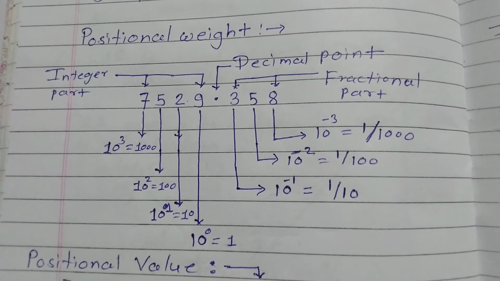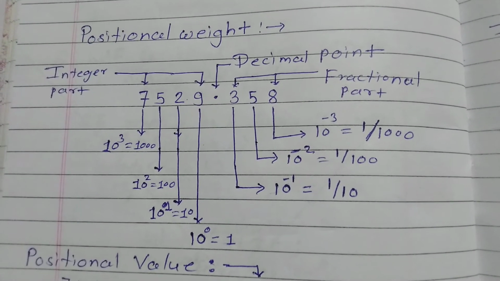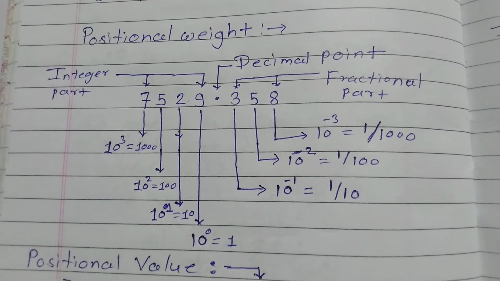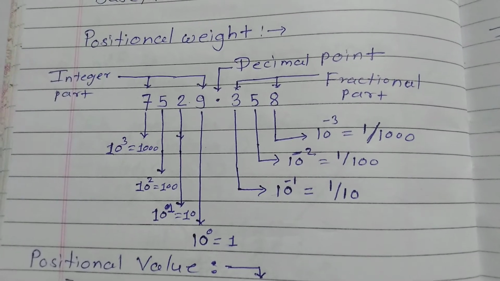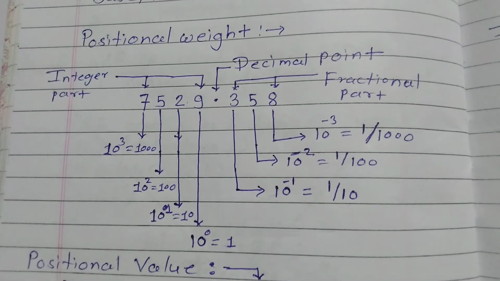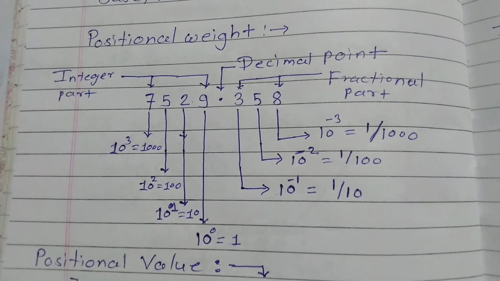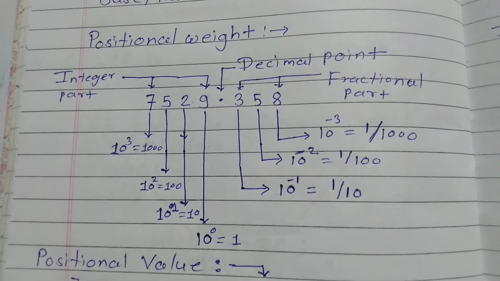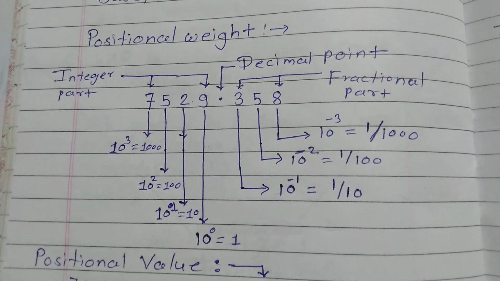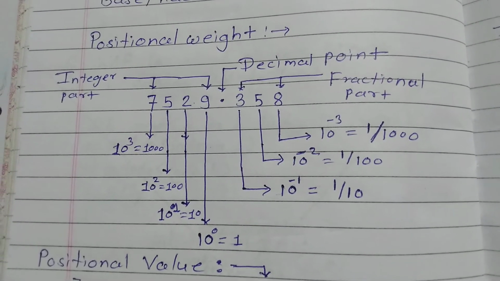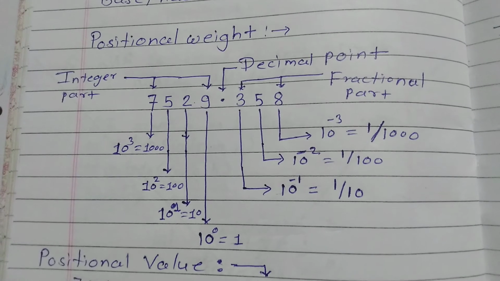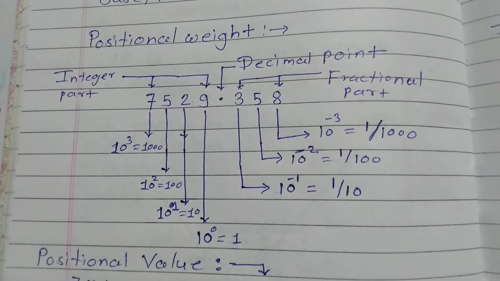That we are going to consider first. You can see the integer part's least significant number is 9, and the most significant number of the integer part is 7. Similarly, in the fractional part, the most significant digit is 3 and the least significant digit is the number 8.